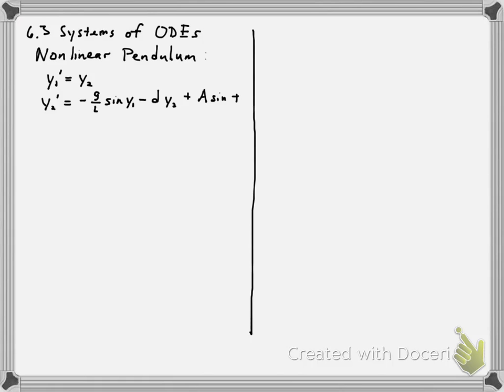There are some problems in this section that I may assign for homework that look at this model. So more generally, if we have an nth order differential equation, we can always convert that to an n-dimensional first order system of equations. Okay, and so just as an example, let's look at some other nonlinear differential equation.